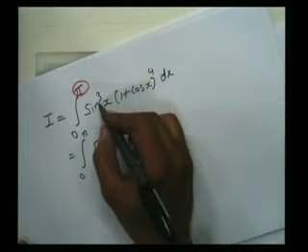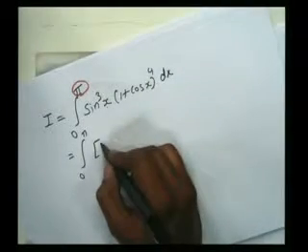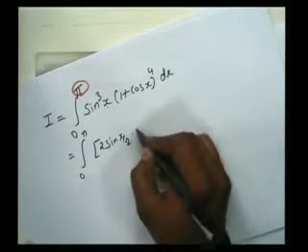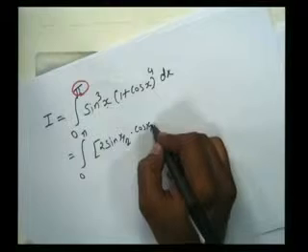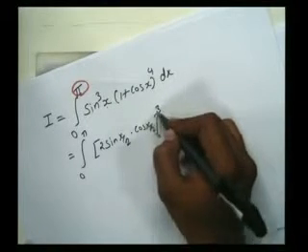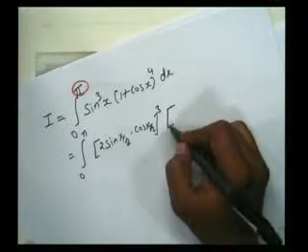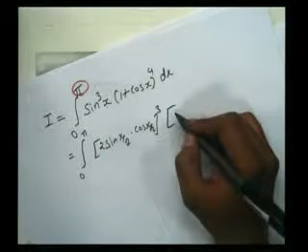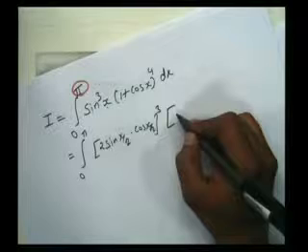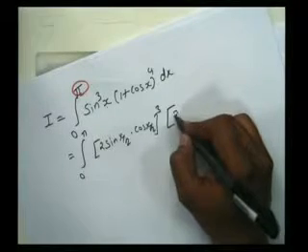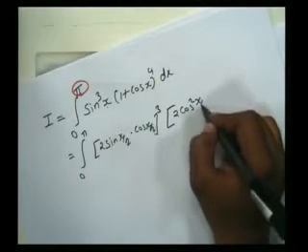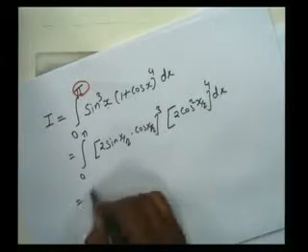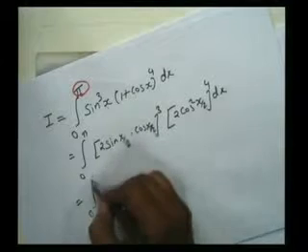That's why sin x equal to 2 sin x by 2 into cos x by 2, to the power 3, and 1 plus cos x equal to 2 cos square x by 2, to the power 4 dx, from 0 to pi.